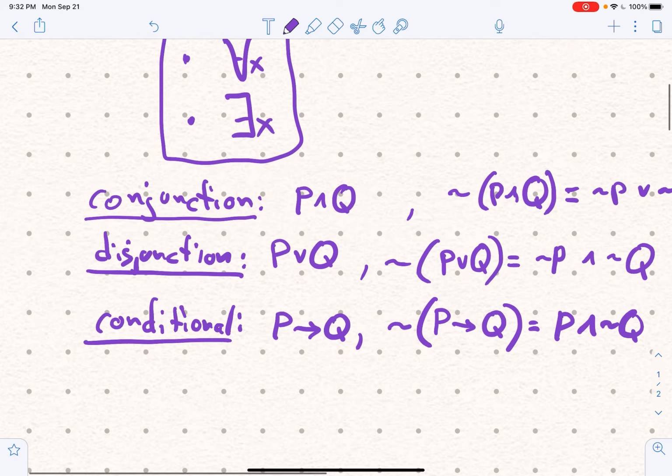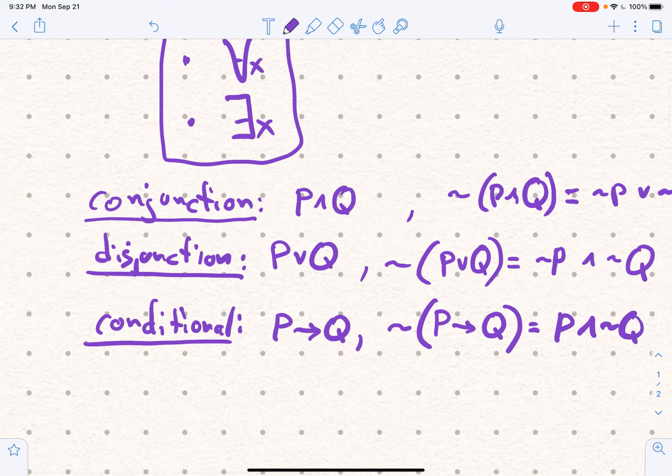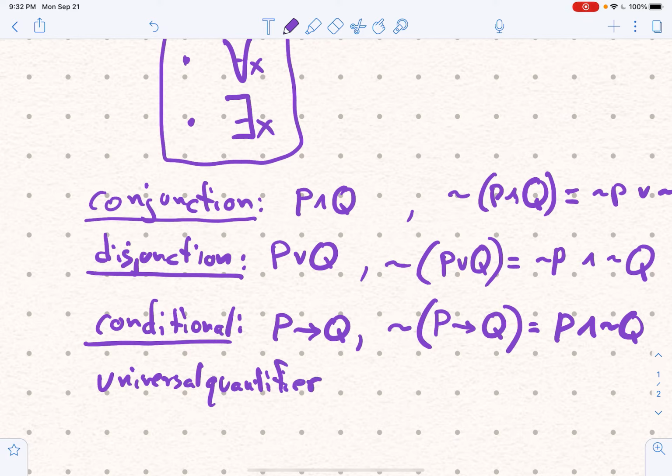Now let's talk about our quantifiers. So this is the universal quantifier. It says for all x, P of x. We write P of x here to represent just any logical statement about x. So for all x, P of x might express something like, if x is divisible by 3, then x is not prime, something like that.